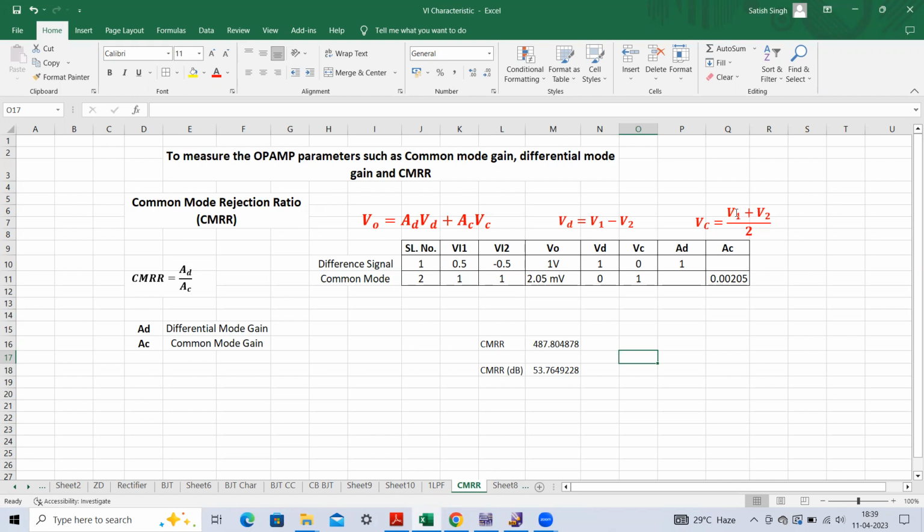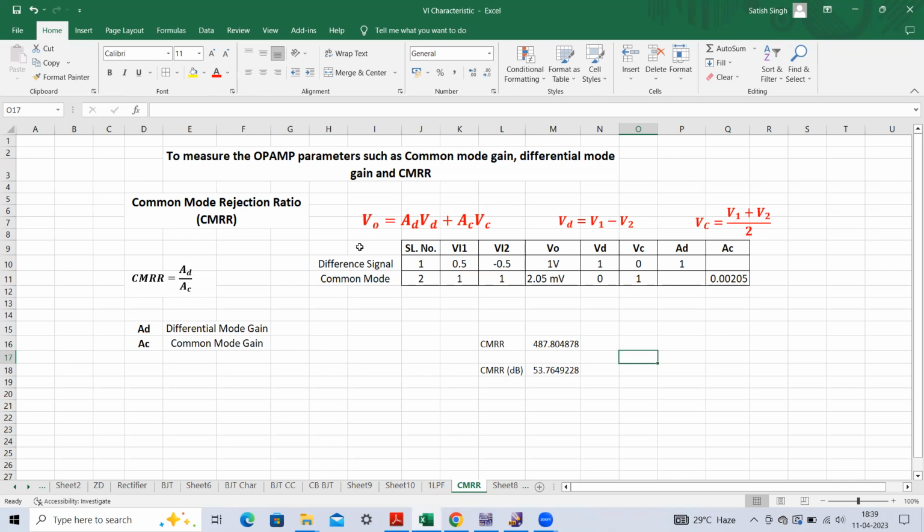Substituting 0.5 minus 0.5 divided by 2, it becomes 0. So the difference signal is 1 volt and the common mode signal is 0 volt. Obviously, when VC equals 0, whatever output we get is only because of the differential gain, only because of this difference signal, and the corresponding gain will be AD.